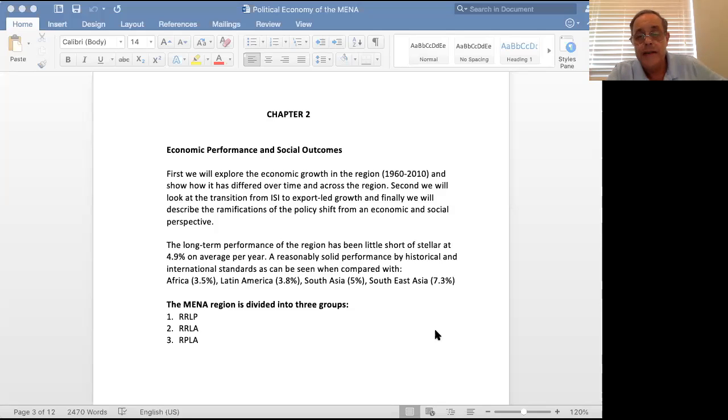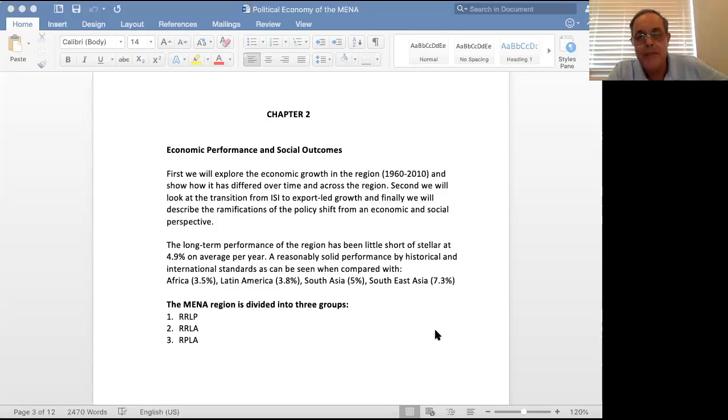So we will look at these three phases of development, the first phase of which obviously occurred right after this region got its independence from Western colonizers.